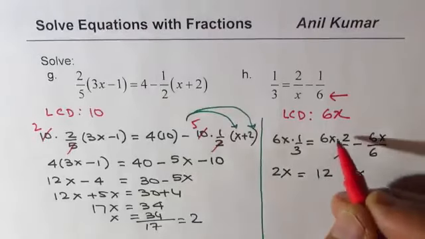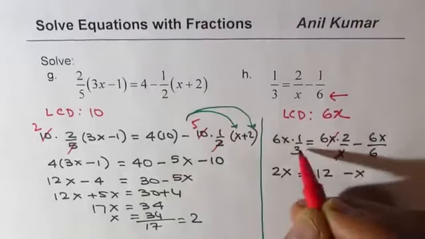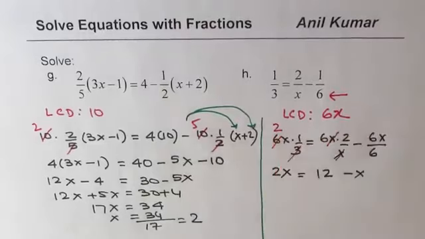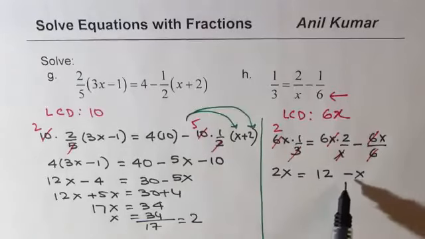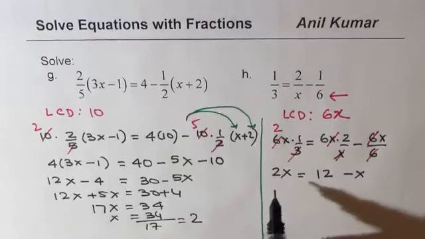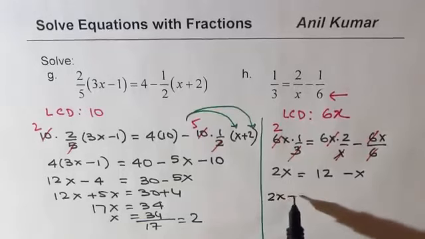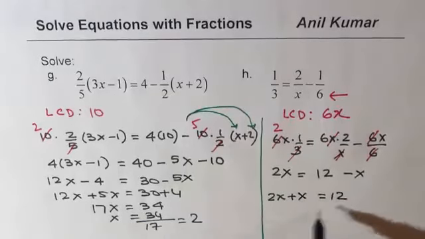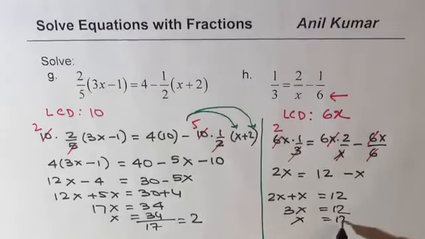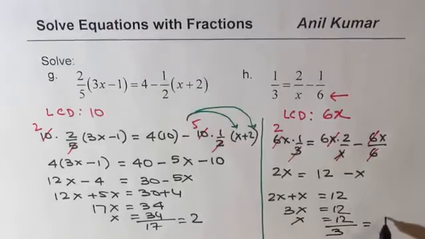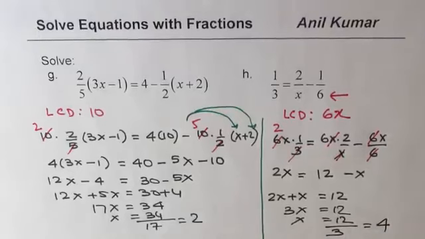See what happens. x and x cancel. This goes 2 times and 6 and 6 cancel. So we get our equation, which is 2x equals 12 minus x. Now bringing x to the left, we have 2x plus x equals 12, 3x equals 12, x equals 12 over 3, which is 4.